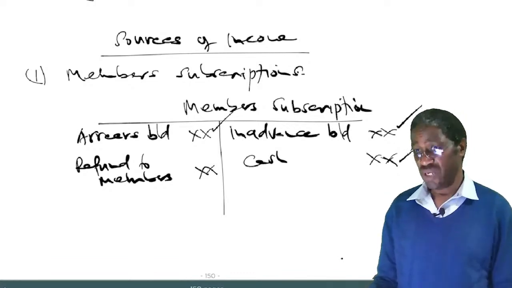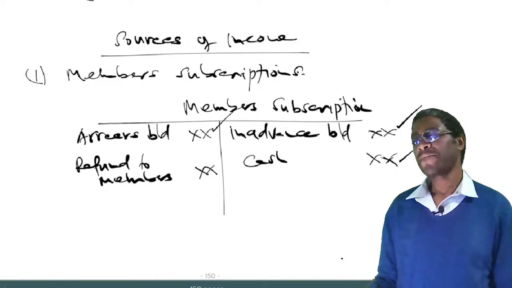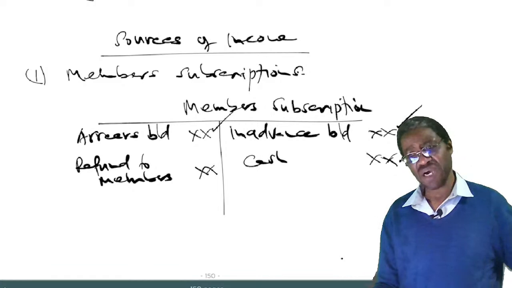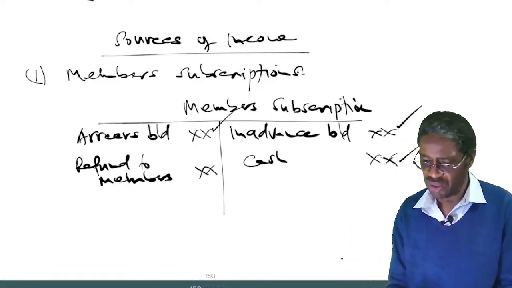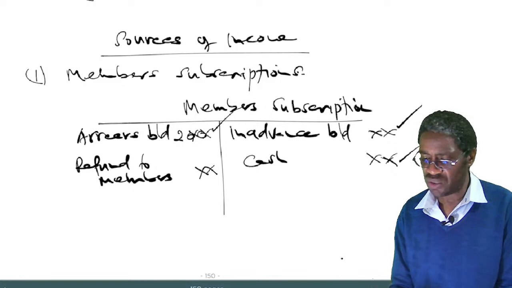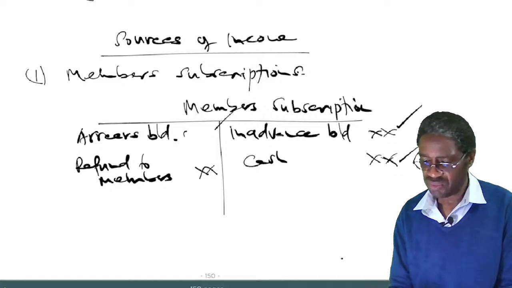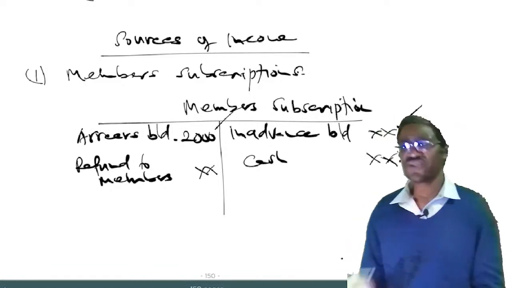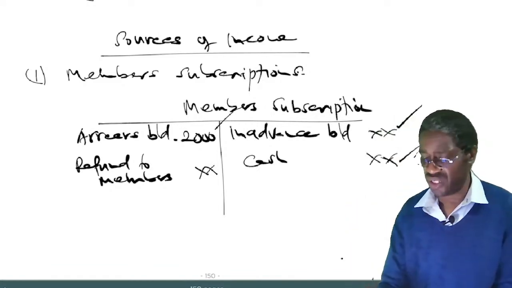Then, now listen. Sometimes a question tells you, for example, by end of last year, we had some people owing us 2,000. Let me use that as an illustration. During the year, let us assume our current year is 2020.